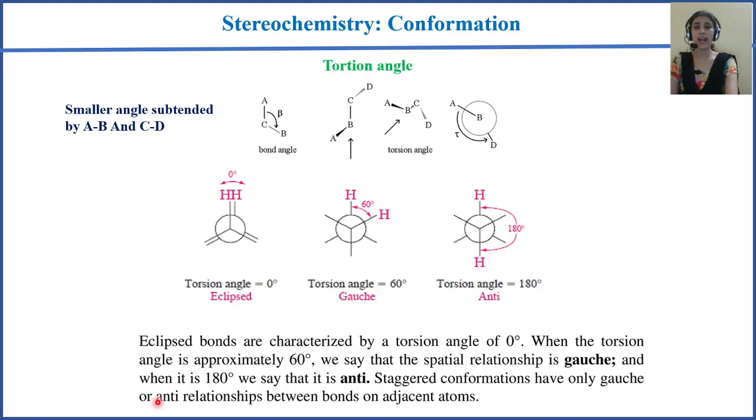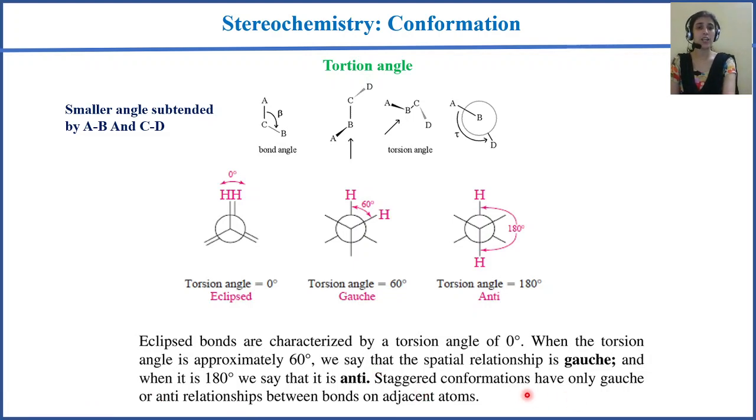Eclipsed bonds are characterized by torsion angle 0 degree. When the torsion angle is approximately 60 degree, we say that the spatial relationship is gauche, as like dihedral angle, and when it is 180 degree, we can say that it is anti.